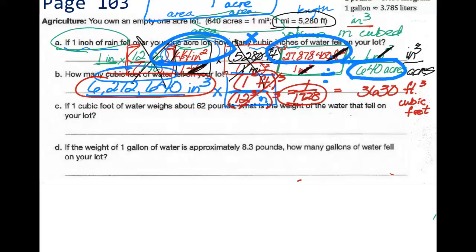So this is how many cubic feet of water. Letter C: if 1 cubic foot of water weighs 62 pounds, so 1 foot by 1 foot by 1 foot, what is the weight of the water that fell on our lot?